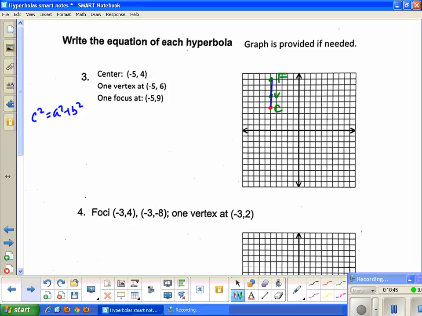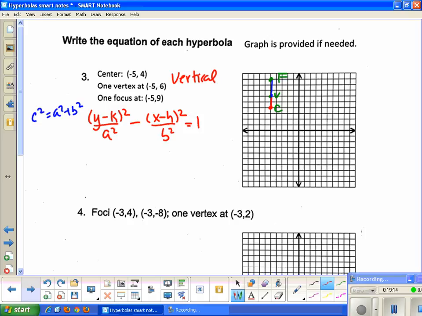I can find this distance from the center to the vertex, which is 2. So I know in this case, since the focus is above my vertex, which is vertical, I know it's going to be a vertical graph, which means the equation I'm using is y minus k squared over a squared minus x minus h squared over b squared.